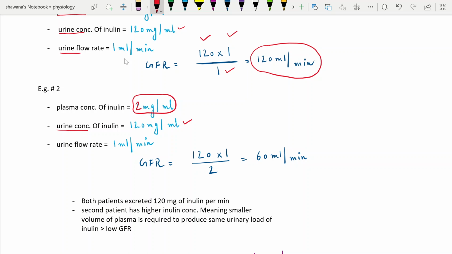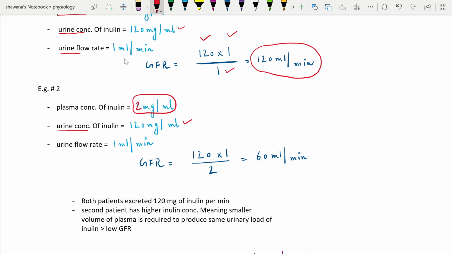It means that from the filtration barrier, in the first person, there was the GFR of 120 ml per minute, right? But in the second patient, we need GFR of 60 ml per minute.